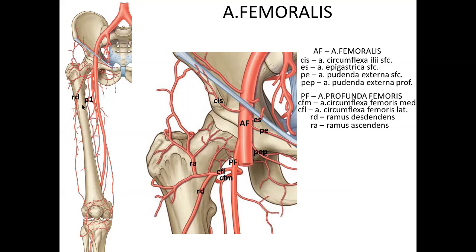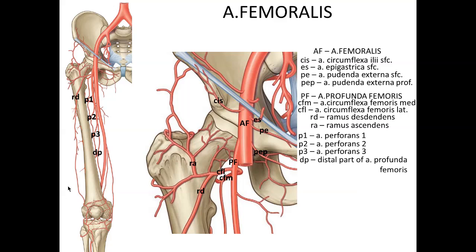And now P1, P2, P3, what are they? Arteriae perforantes. Perforans prima, secunda, tertia, and the most distal part of arteria profunda femoris is designated as DP, distal part of arteria profunda femoris.